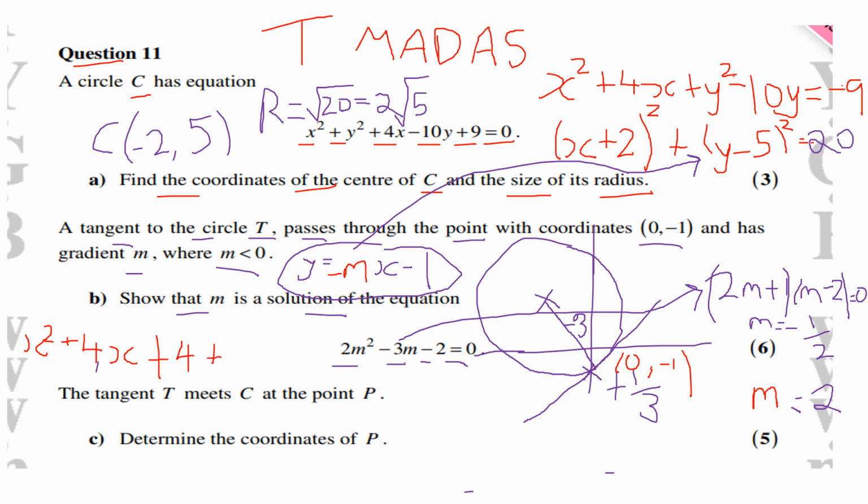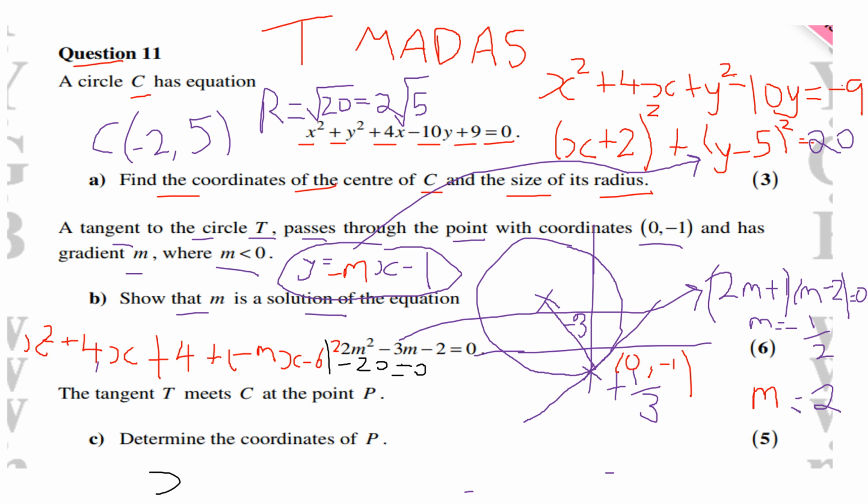Yeah, so you're going to have minus mx minus 6 all squared, minus 20 is equal to 0. Expand that double bracket.